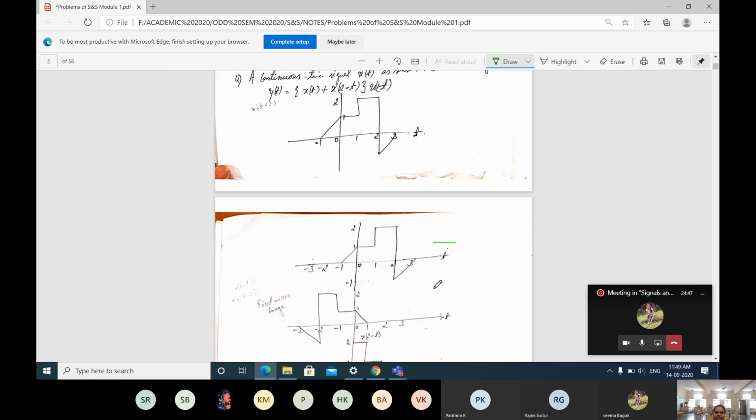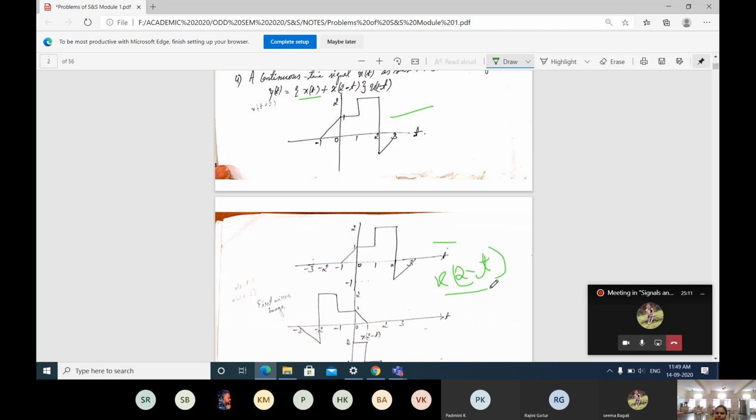Next, what do we have to do? First, we have to do the operation of x of 2 minus t. Here x of t is given, we already have x of t. Next we have to do x of 2 minus t.